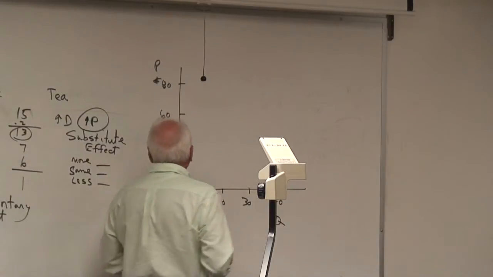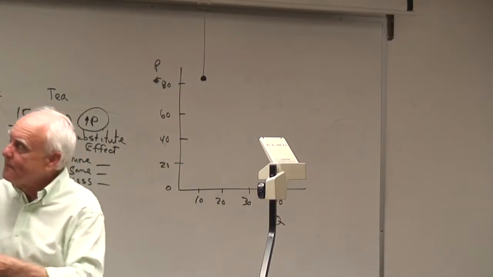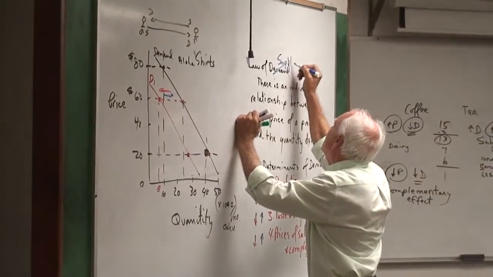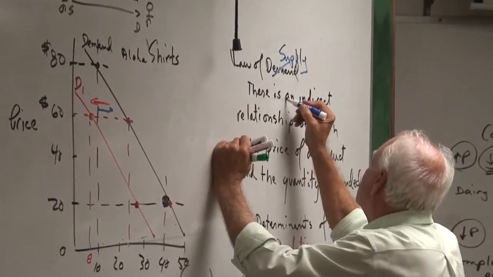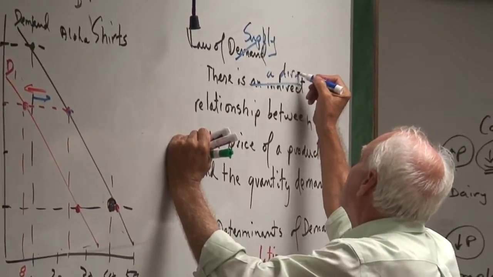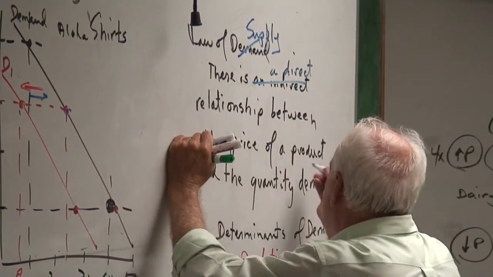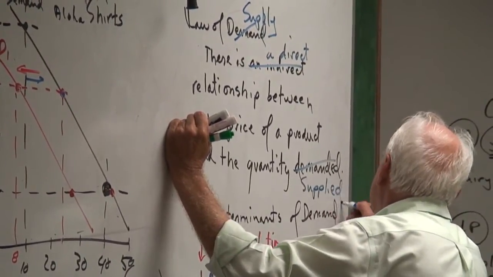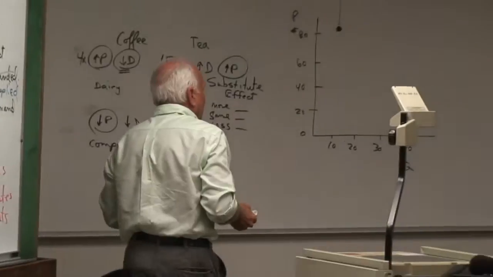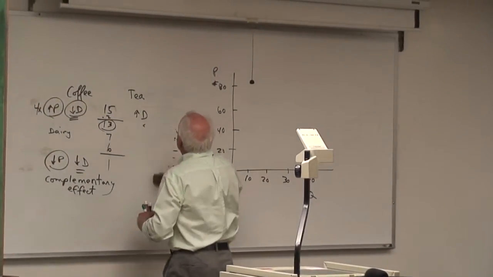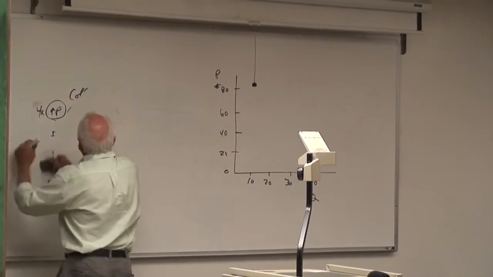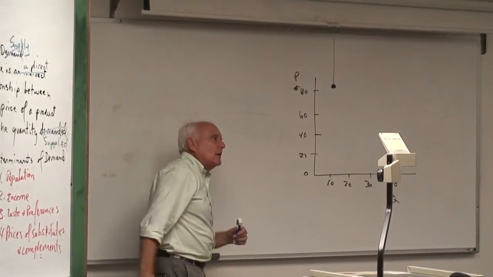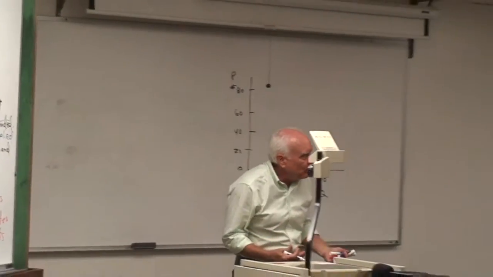Okay, the law of supply is this. The law of supply follows this: there is a direct relationship between the price of a product and the quantity supplied. Meaning that if it's cheaper to produce something, people are inclined to make more.